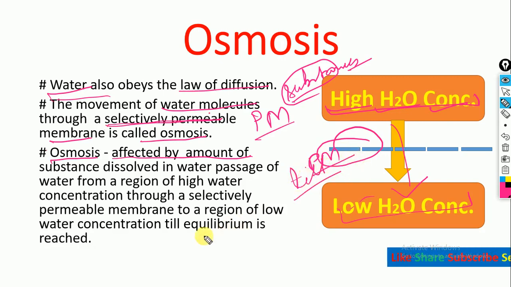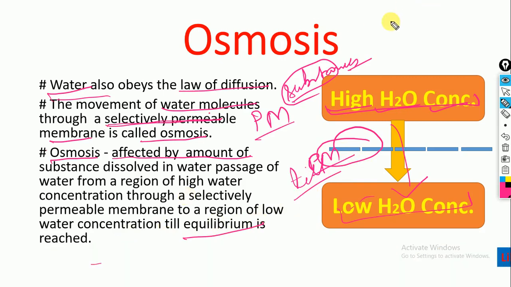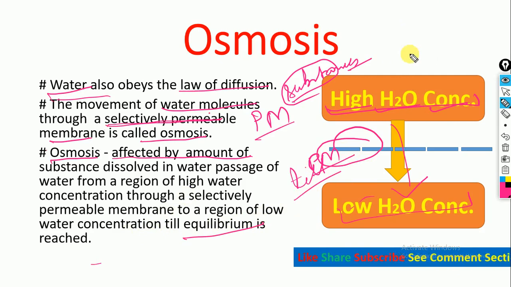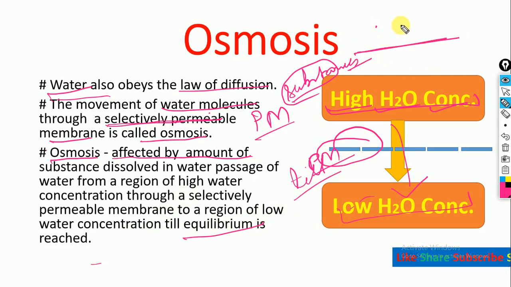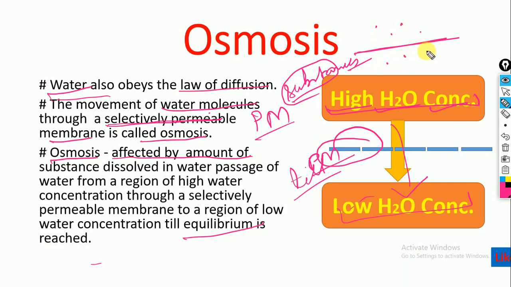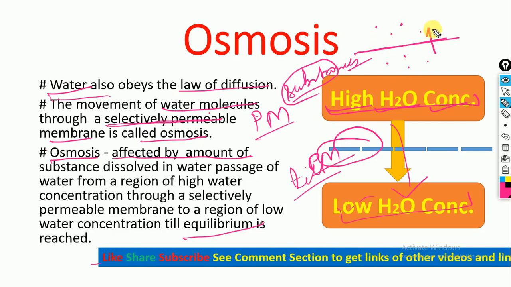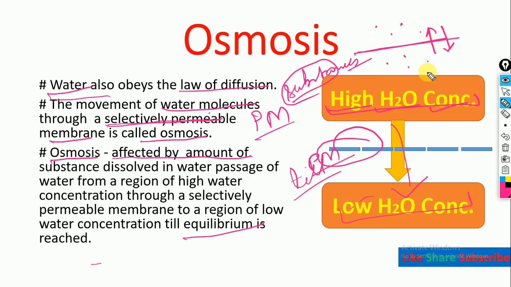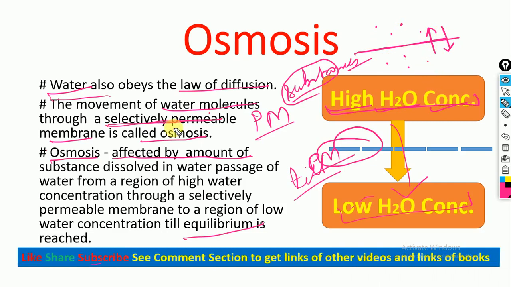Equilibrium is reached means what? That means when the concentration of H2O will be the same. If here there are 4 molecules of H2O, then here also there will be 4 molecules of H2O. That shows that equilibrium has been reached. So this is all about osmosis.